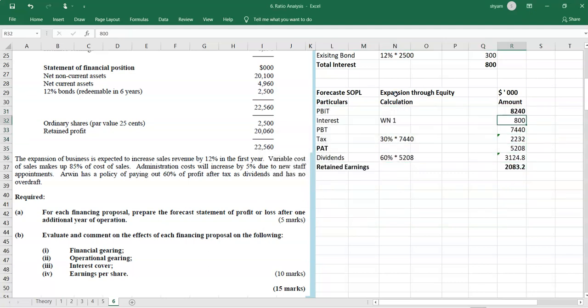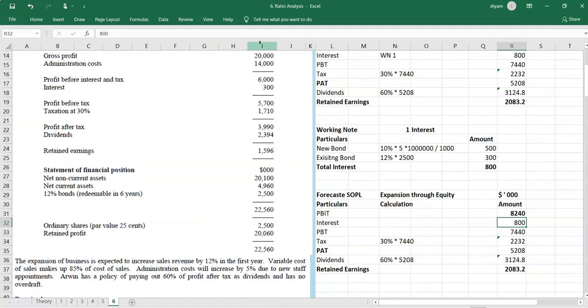If you take the interest, there's no new issue, so only the old interest will be paid again. So the old interest is only 300, so we can take that itself.